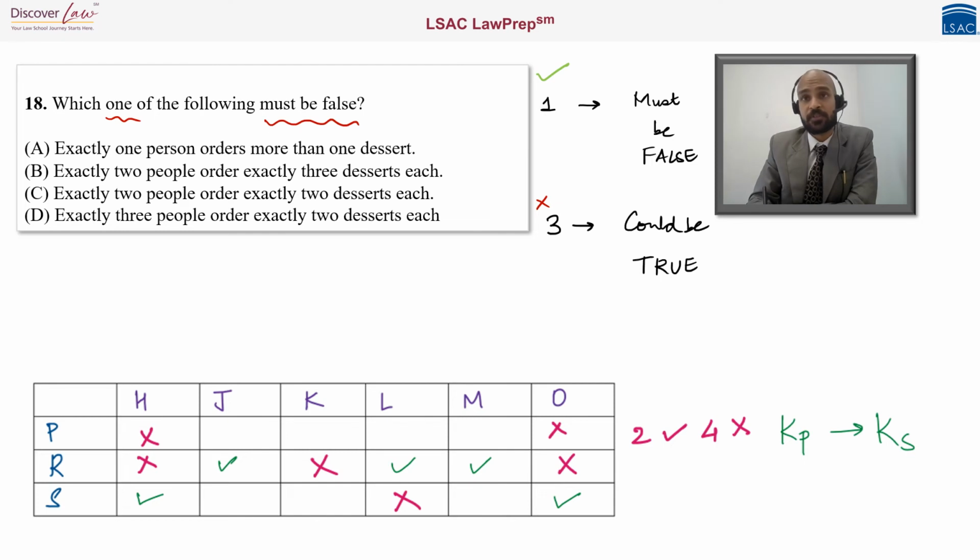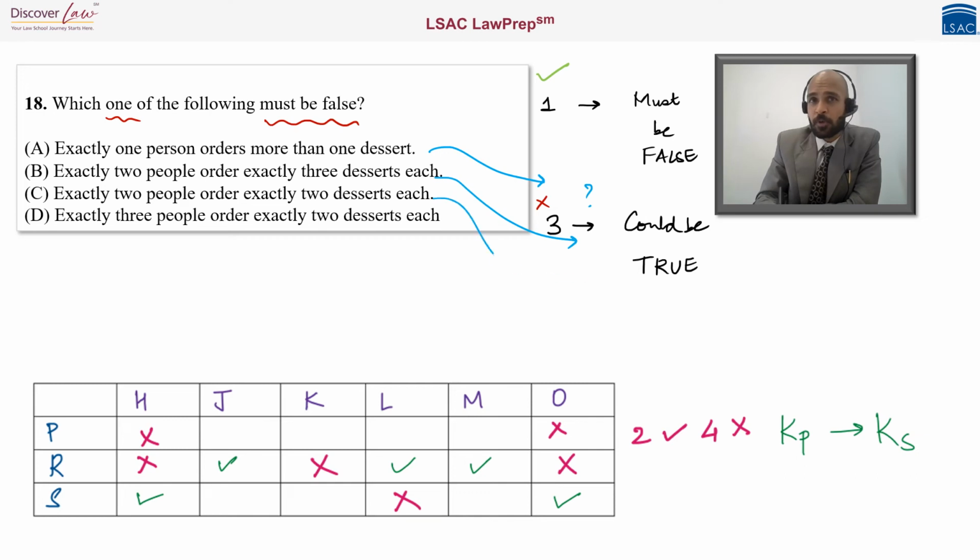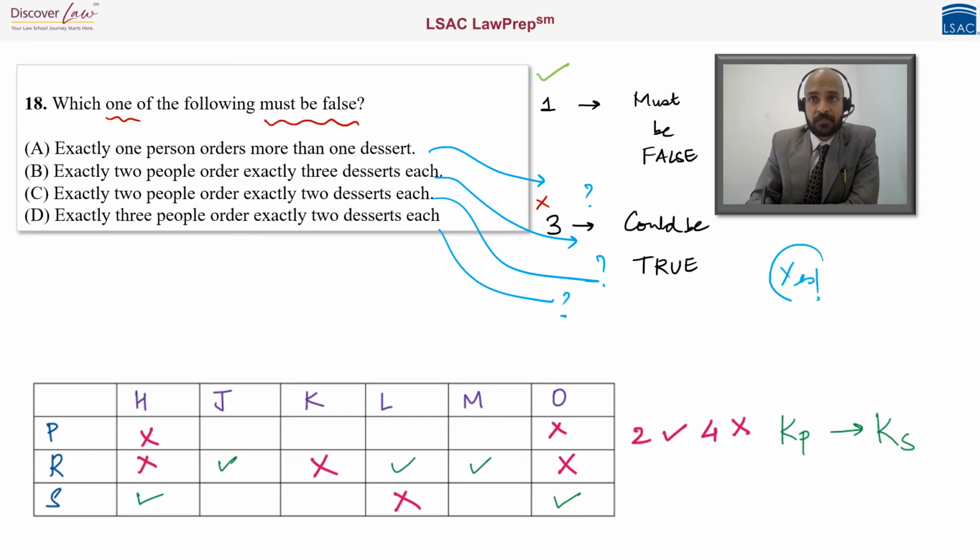Okay, so like with the previous question, what we're going to do now is use the process of elimination. So we'll pick each option, like we take the first option and we ask ourselves, hey, could this be true? Second option, could this be true? Third option, could this be true? Fourth option, could this be true? Now if something could be true, which means if the answer is yes, it means it is not necessary that it must be false.